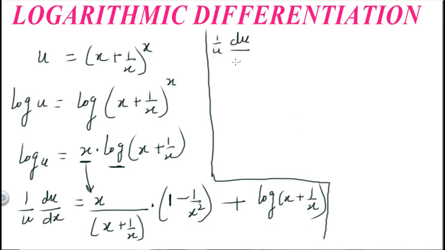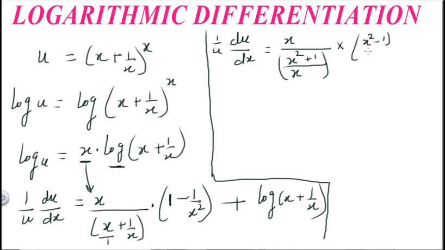So I will write the next steps here only so that you can relate. So 1/u du/dx equals, I will combine all these terms. What I have is x upon, let us take the LCM here, x square plus 1 over x, into, after taking the LCM, x square minus 1 upon x square. Clear? So this x will go up. It will be x square upon x square plus 1, into x square minus 1 upon x square.